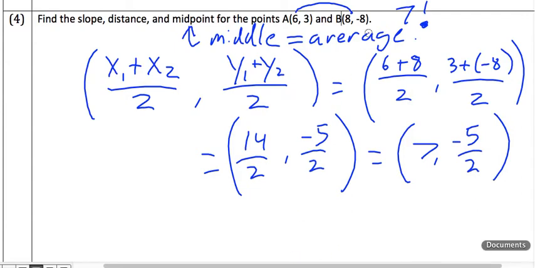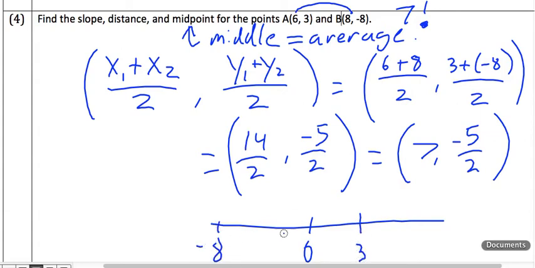If you looked at 3 and negative 8 on a number line, so here's 0, you have 3 over here, you have negative 8 all the way over here. The middle of that comes in right at about negative 2.5. That's what this calculation is letting us know. Negative 5 over 2 is negative 2.5. Anyhow, that's our midpoint.